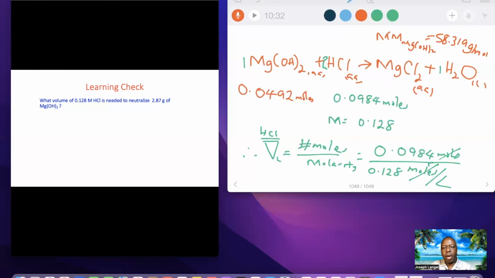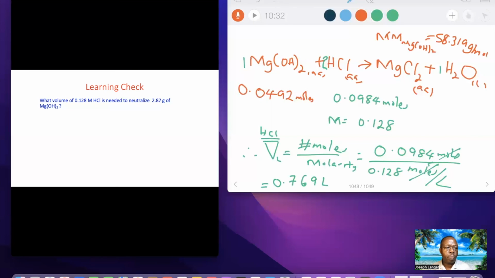So if I divide that, it's going to be 0.0984 divided by 0.128. This is the same as 0.7669 liters.